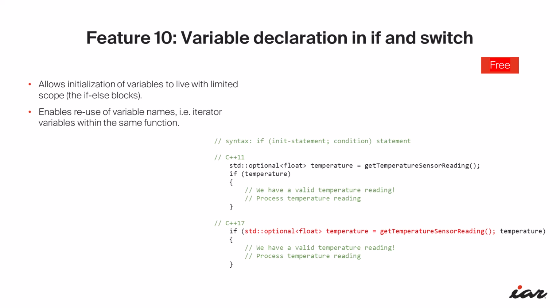And in this scenario, this temperature variable goes out of scope after this end curly bracket. So this is a convenient way of writing more condensed code that gets localized, so that variables don't spill over outside the intended usage within blocks. The cost of this is free, since it's a compile time feature.